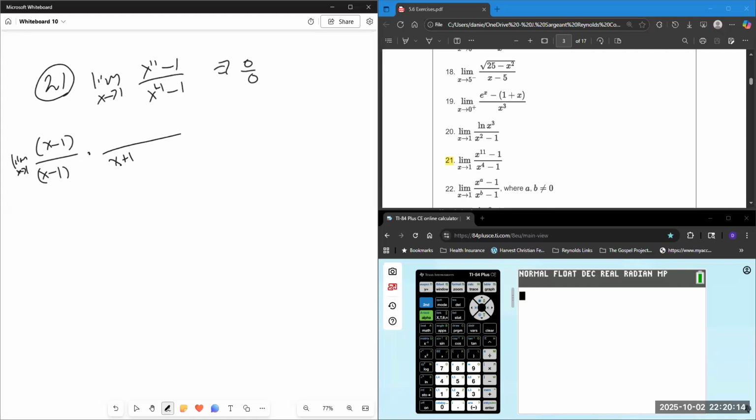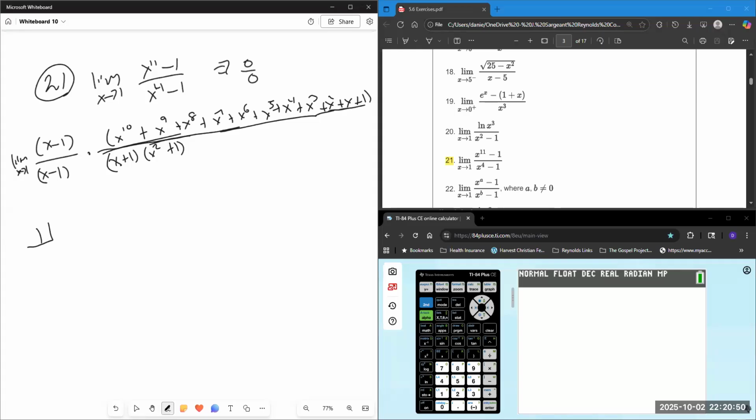This is (x plus 1) times (x squared plus 1) in the denominator. My remaining factor in the numerator, I'll show you by synthetic division, is going to be x to the 10th plus x to the 9th plus x to the 8th plus x to the 7th plus x to the 6th plus x to the 5th plus x to the 4th plus x to the 3rd plus x to the 2nd plus x plus 1.